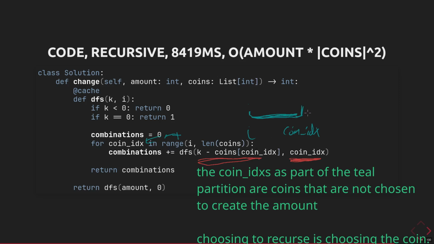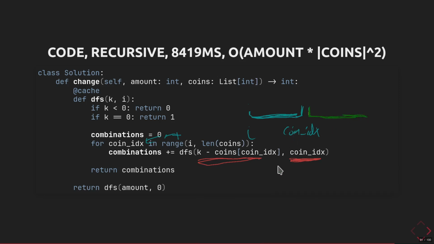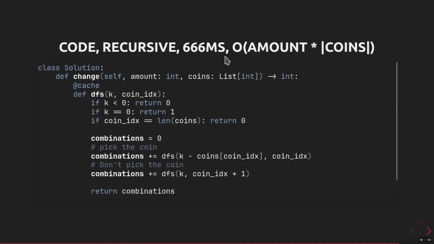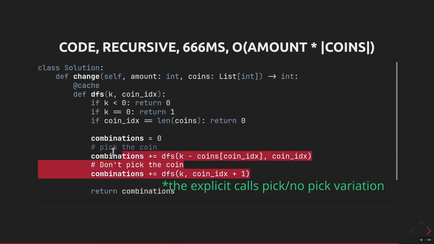And then I leave it up to the subproblem to tell me what happens if I decrement the amount, and go further. I would actually not recommend using this type of recurrence relation for this problem. It turns out to be quite slower, by a magnitude, than when you use the pick or no pick pattern. I think this one is much more intuitive to realize.